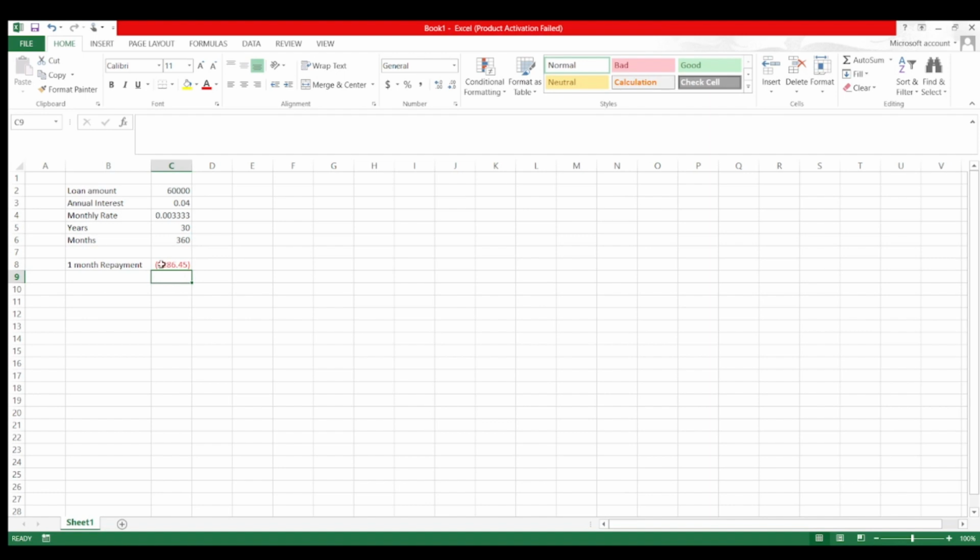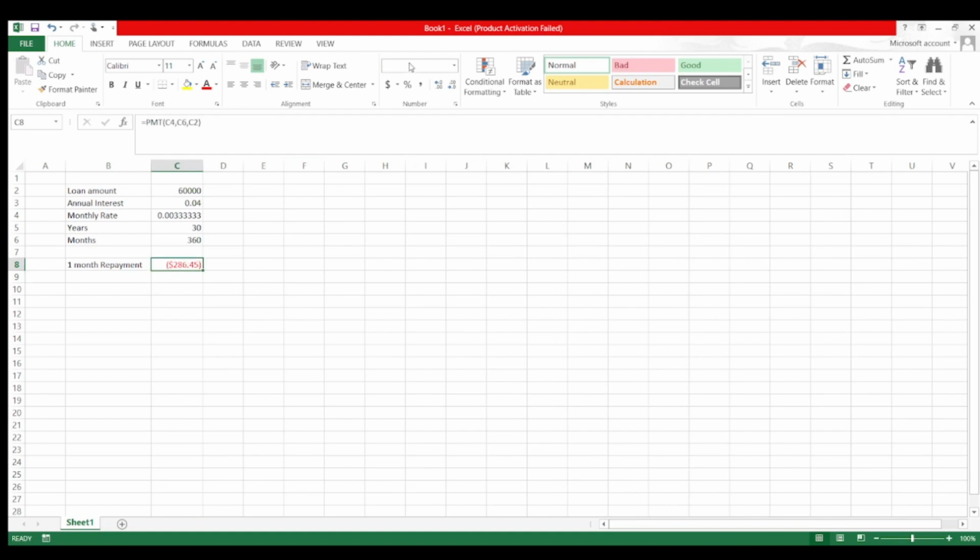This will be the monthly payment. For the purpose of this example, let's just leave it as a number, and you can also add a negative sign in front to remove the negative. So that's the first month payment.